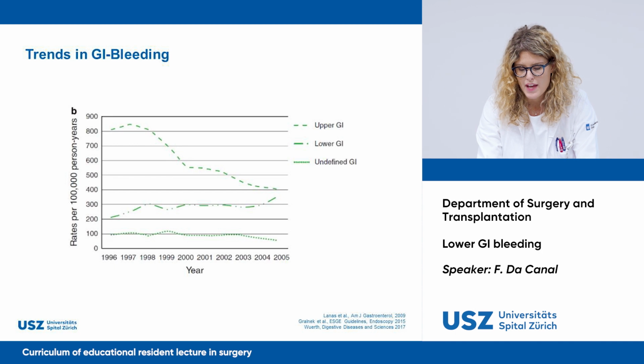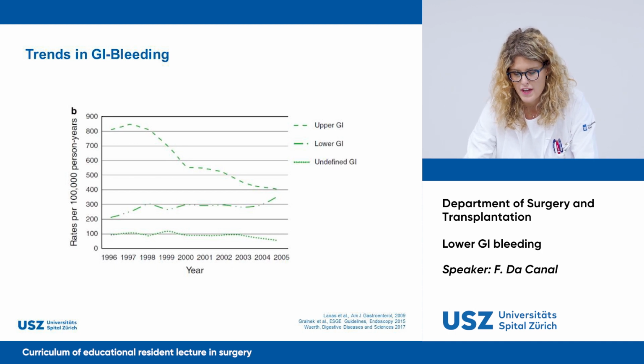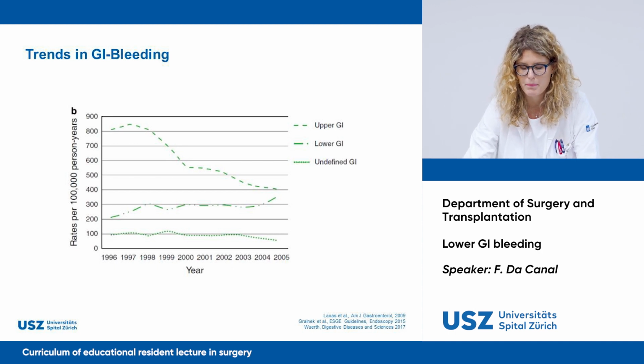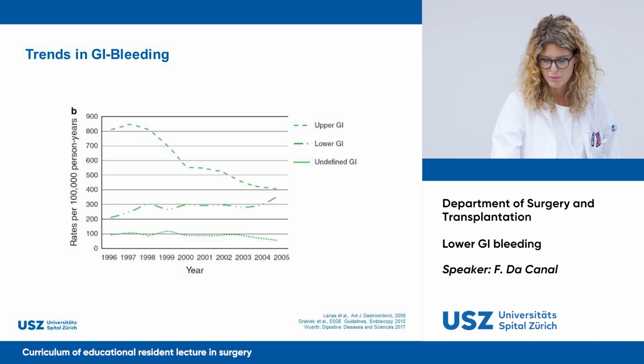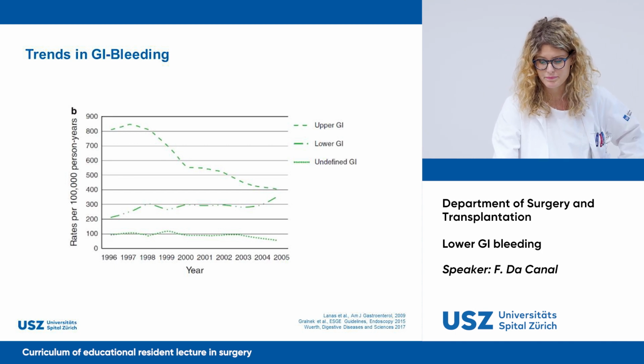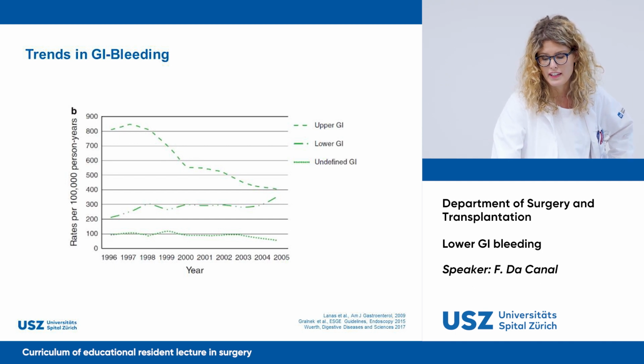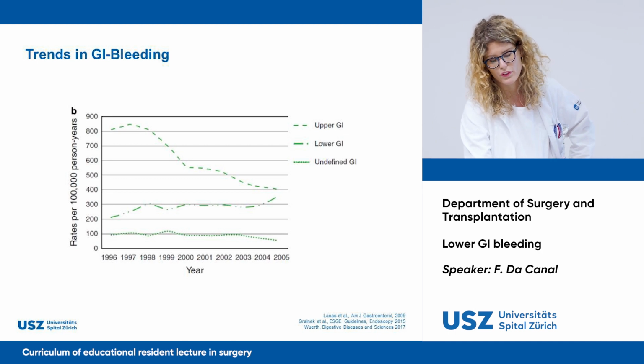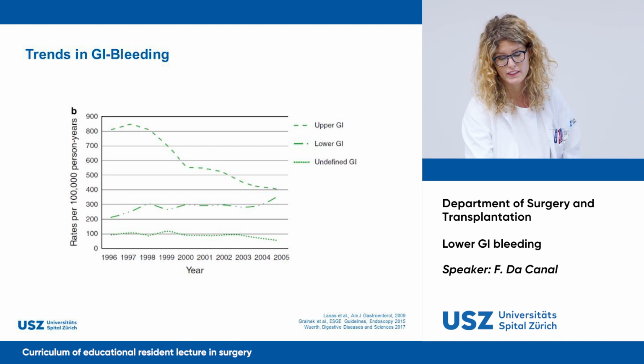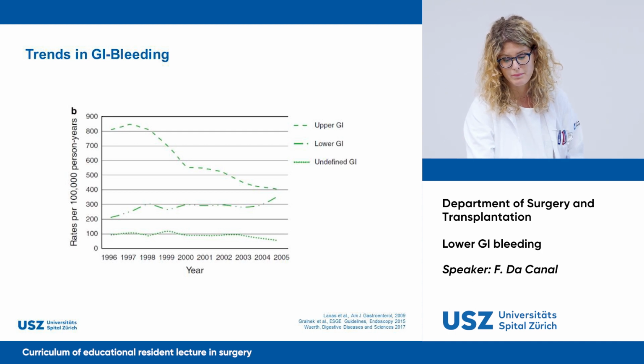So an upper GI bleeding is much more common than a lower GI bleeding, even if over the past decade, as shown in this population-based study of Lanas et al., there has been a progressive change in the overall picture of gastrointestinal events, with a clear decreasing trend in upper GI bleeding from 80 to 40 per 100,000 patients, probably due to the increased PPI use, and a significant increase in lower GI bleeding events.